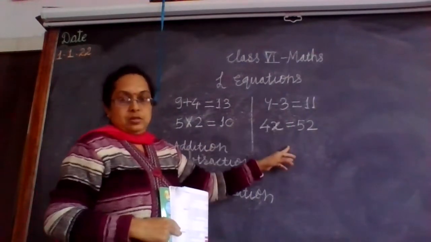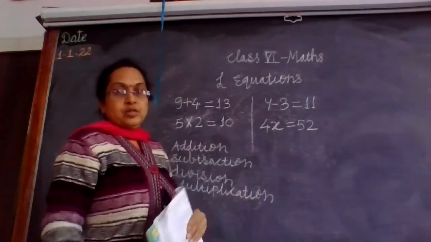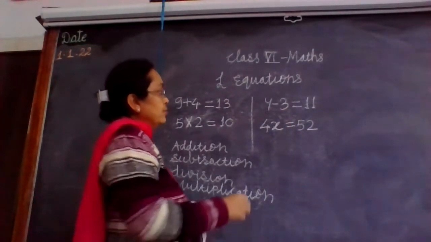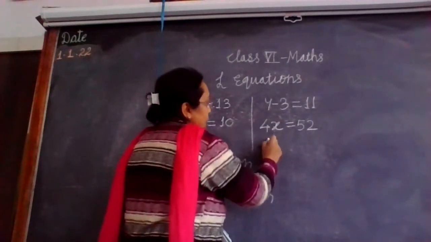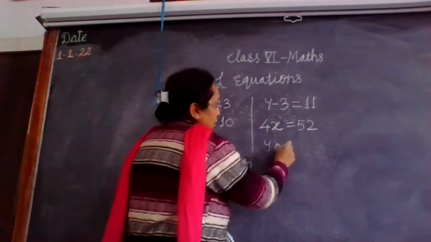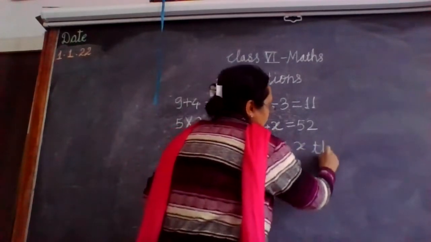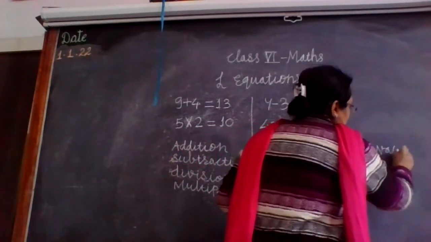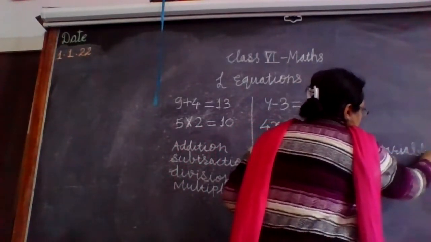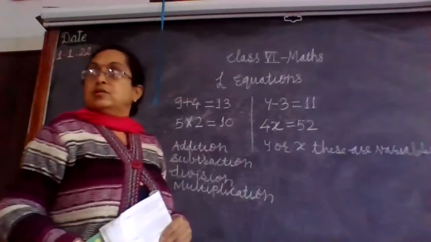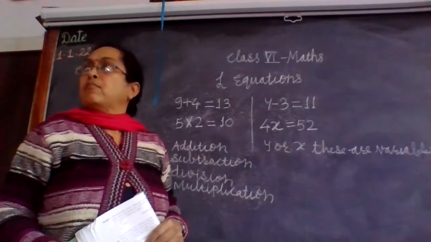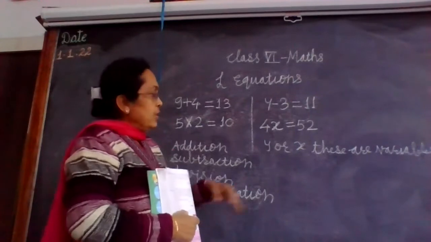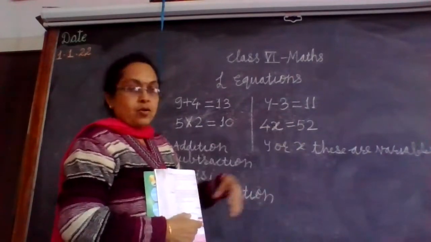Now, to solve the equation means what? First we will see how it will be. To solve the equation, y and x, these are variables, and the numbers are called constants.